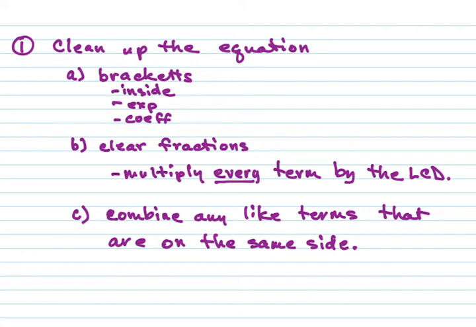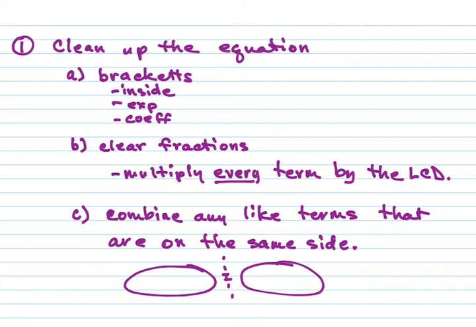Numbers are like terms to other numbers. Y's are like terms to other y's, right? So you're just going to combine the like terms. So on the same side means on the same side of the equals. So you'll look on this side and then you'll look on that side. The equal symbol is kind of like a wall that separates your equation. Okay? All right.